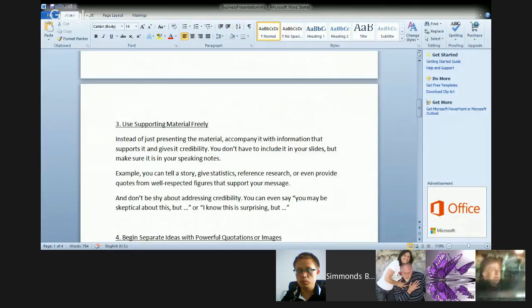Instead of just presenting the material, accompany it with information that supports it and gives it credibility. You don't have to include it in your slides, but make sure it is in your speaking notes. Example, you can tell a story, give statistics, reference research, or even provide quotes from well-respected figures that support your message.